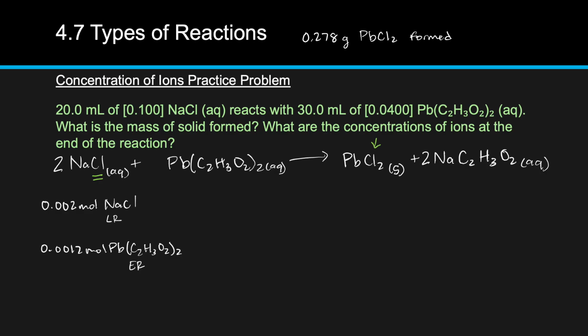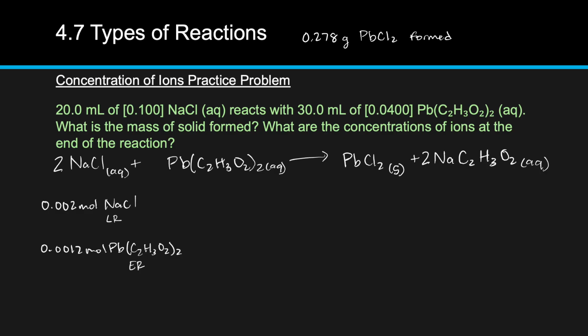Now for lead, that is not the case because the lead acetate here is our excess reactant, which means we still had leftover lead in the reaction beaker after lead chloride was made. So that means when all of my precipitate is formed, I'm going to have 3 ions in my reaction beaker.